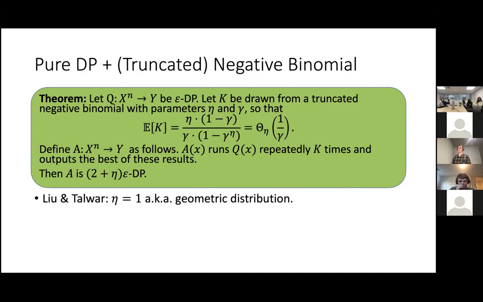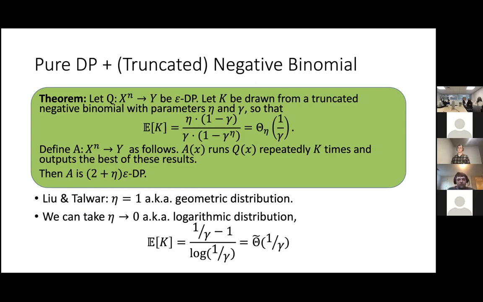The prior work by Liu and Talwar is just setting eta equal to 1. In that case, the negative binomial distribution is just the geometric distribution. And then we get a 3 epsilon. In our case, we can actually take the limit as eta goes to 0. This gives you what's known as the logarithmic distribution, and that gives you the result that I claimed right at the beginning of the talk.